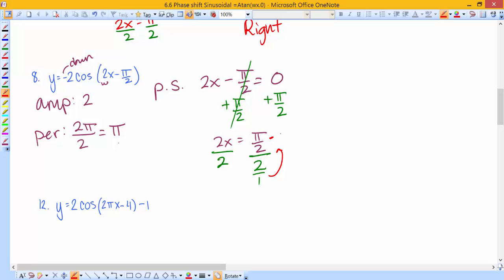So if I take pi over 2 and I cut that into 2, I now have sections that are pi over 4. My sections are pi over 4 in size. That would be my phase shift. Hopefully that helps with that explanation of the fraction. If not, multiply by 2, get rid of your fraction.